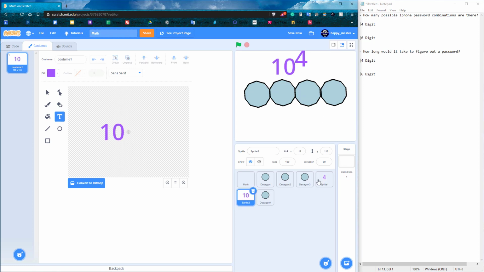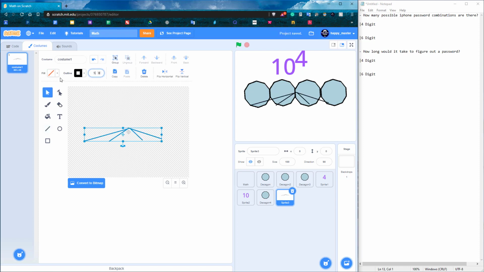And then I'll just draw little lines going to all of those. So 1, 2, 3, 4, 5. To make all these lines bigger, and make them red. There we go. So now 4 goes to all 4 of those, like that.